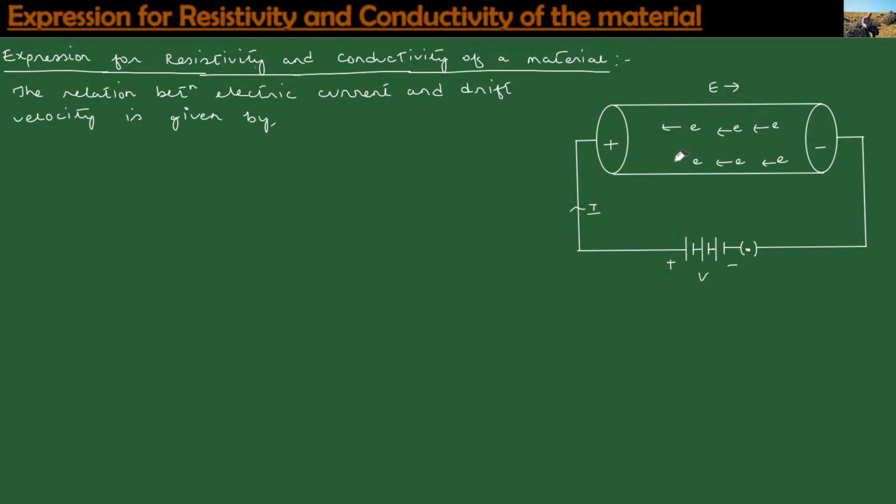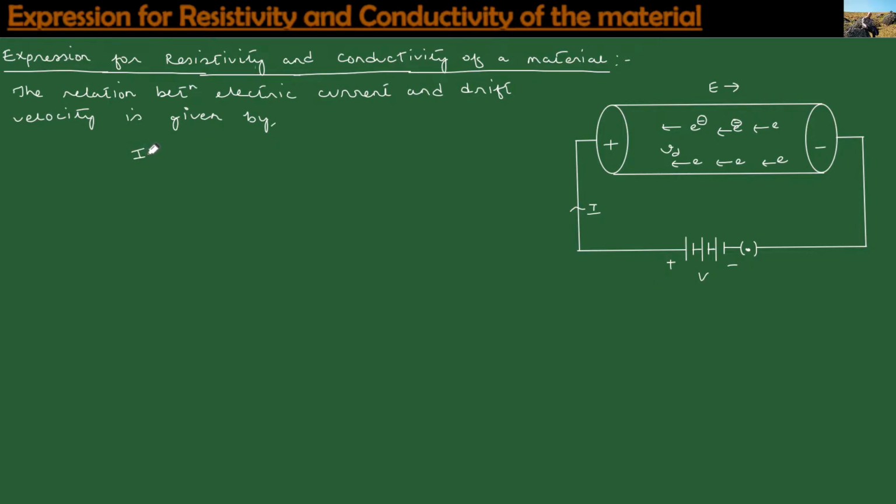Since electrons are negatively charged particles, they will be attracted towards the positive end of the conductor, moving with a velocity Vd. This velocity Vd is what we define as the drift velocity.